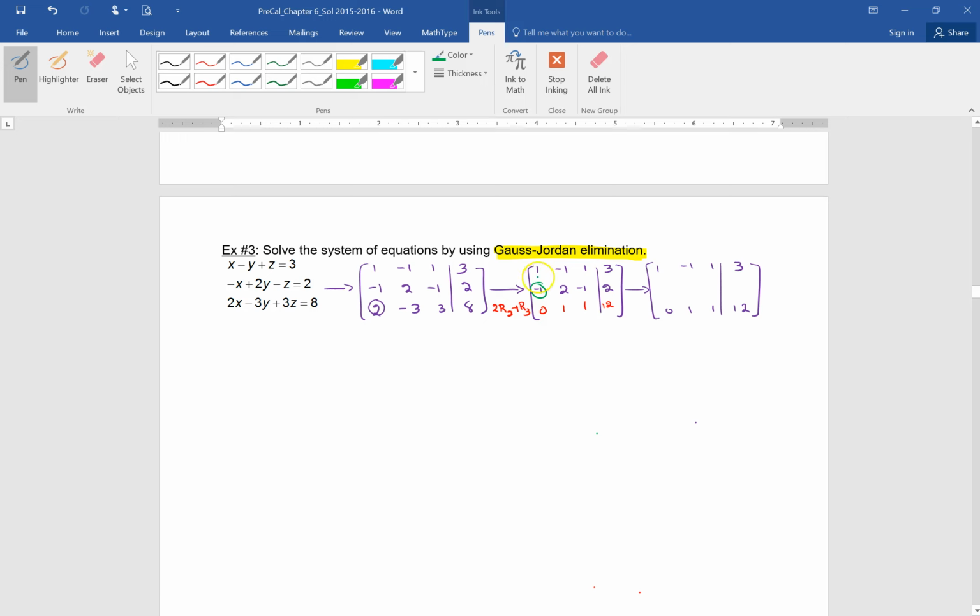I can add it to row 1, right? So I'm just going to do row 1 plus row 2. 0, 1, 0, 5. Yes? Okay. What's the next one I'm going to change? The 1 here, right? So row 1 and row 2 will get copied over.